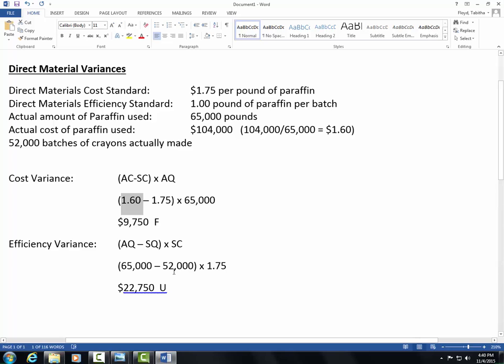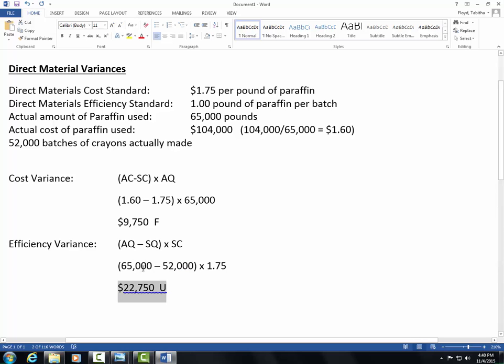So the managers would want to discuss this variance with the purchasers to see if they negotiated a good price, or did they get some kind of inferior wax that caused problems on the production side. They would also want to discuss the efficiency variance with the production manager to see what happened.